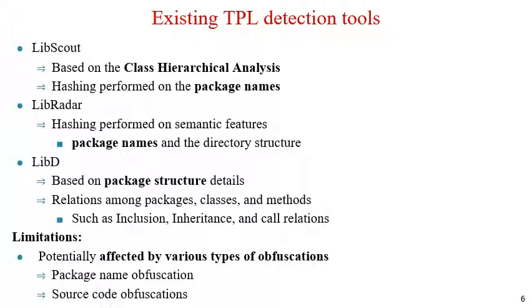But they all have one common limitation, which is that they are potentially affected by various types of obfuscations, such as package name obfuscation or source code obfuscation, since they depend upon such package name details or on the types of source code. Therefore, they become affected by these obfuscations.